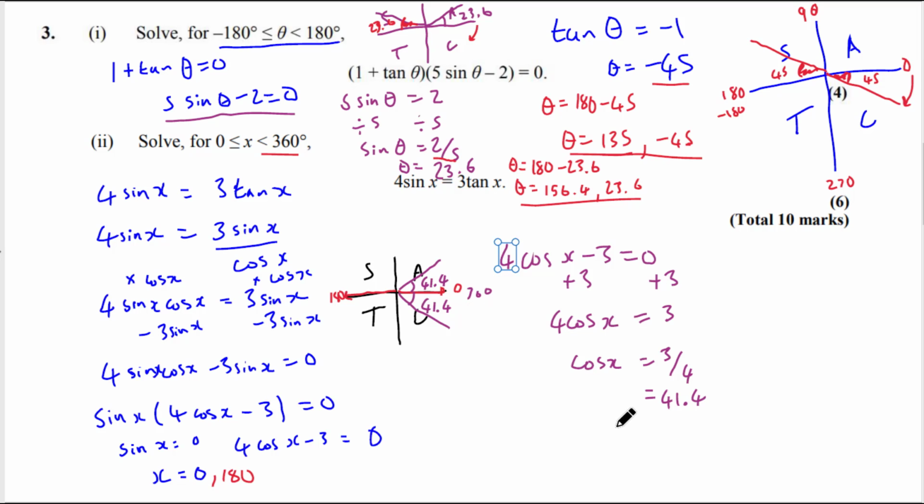Another solution is going to be 360 minus 41.4, which equals 318.6. So that's your 1, 2, 3, 4 solutions for full marks on that question. Nice work.